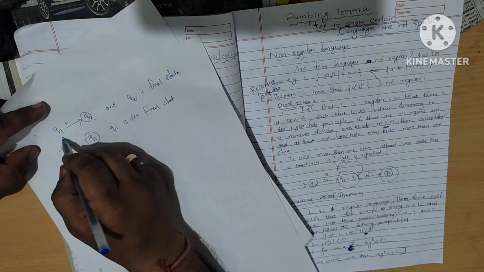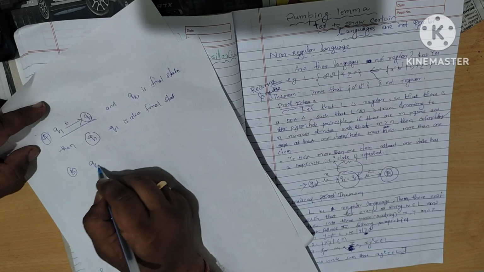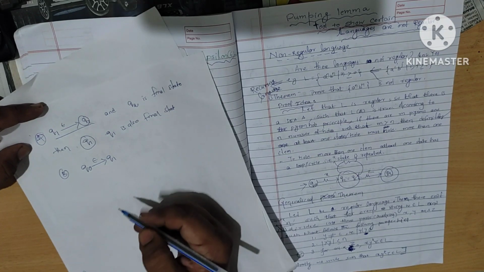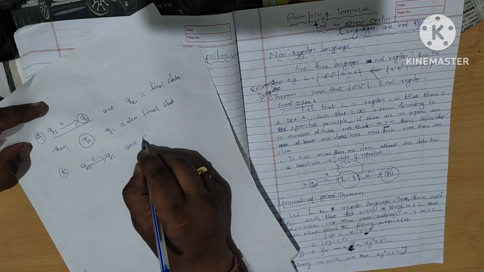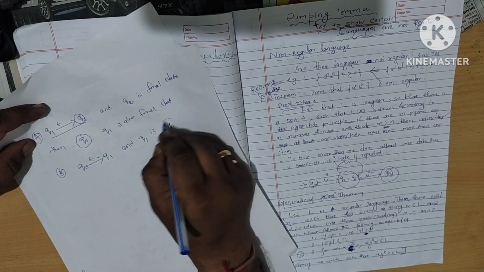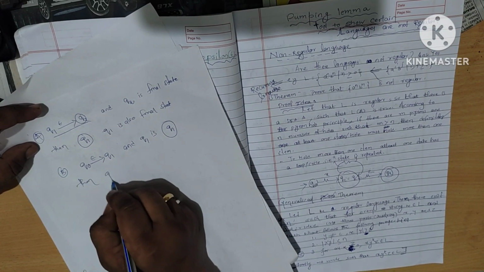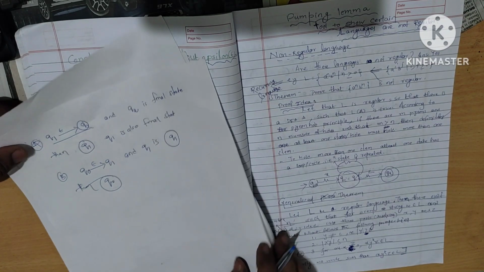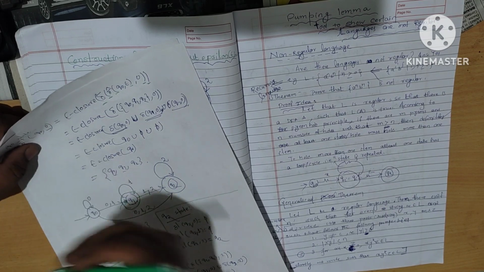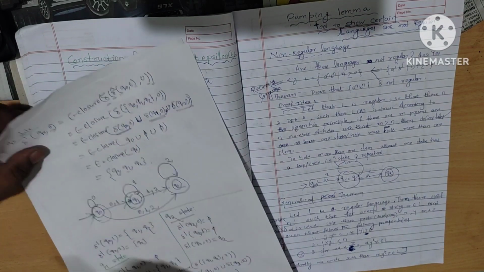Similarly, how many such epsilon moves are there? Number 1. Number 2, q0 to q1. There is an epsilon, and q1 is a final state. Then q0 is also a final state. So for that, what we did here, we make q0 also a final state.